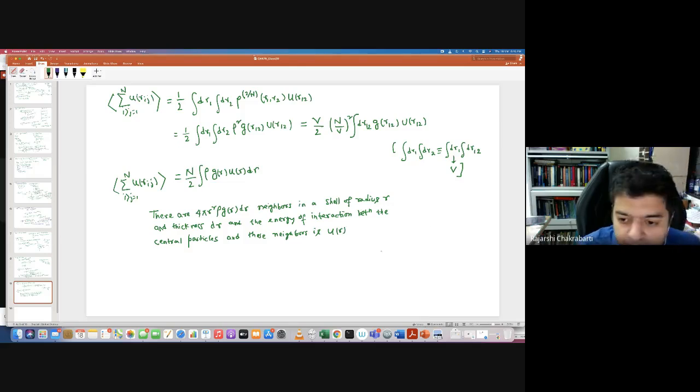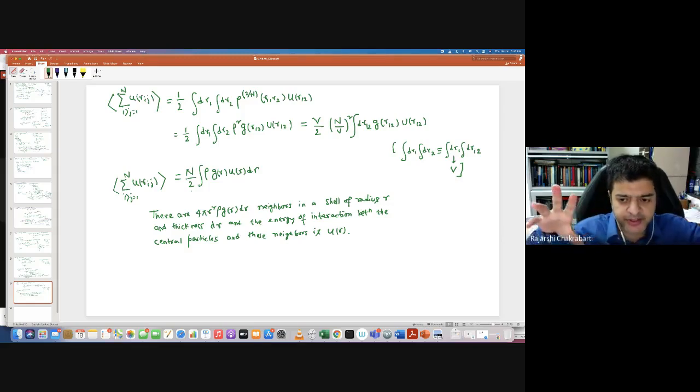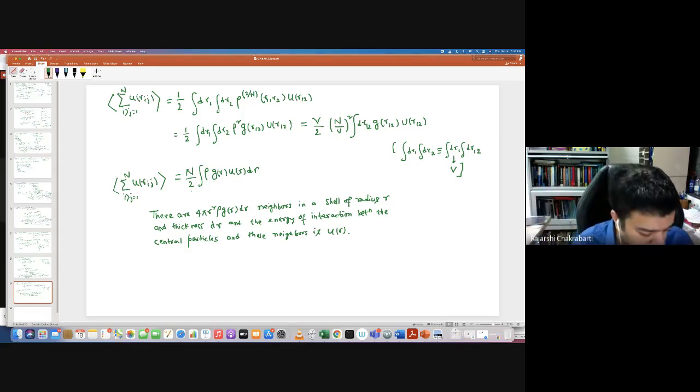Okay. So this is the average energy, it has to be, and since there is a half factor, you have to take care of double counting. 1, 2 and 2, 1 are identical. 3, 4 and 4, 3 are identical. That's why the factor of 2. So basically 4 pi r square rho g(r) dr neighbors in a shell of radius r and thickness dr, and the energy of interaction between the central particle and the neighbor is U(r). Okay, this is how it is.